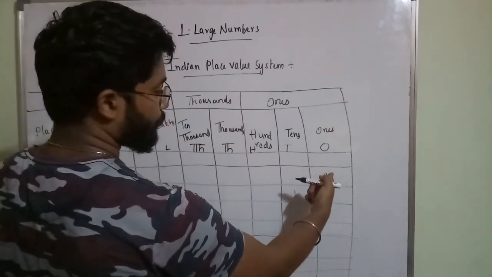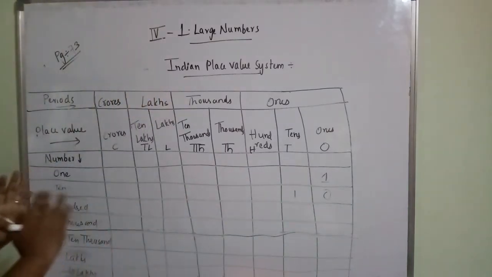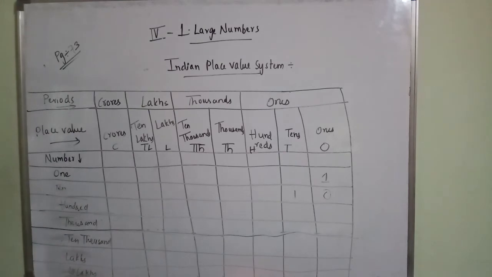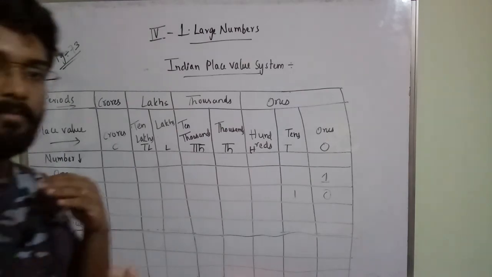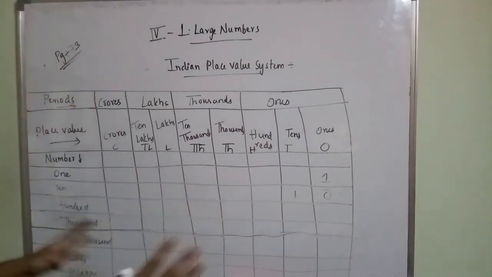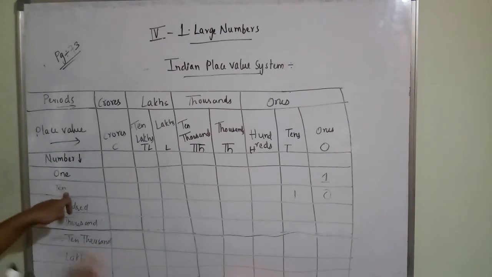While pronouncing we will start from the highest period to the lowest period, no? While writing also you will write like that only, but don't keep right to left in your mind. You have to write how many digits are there.